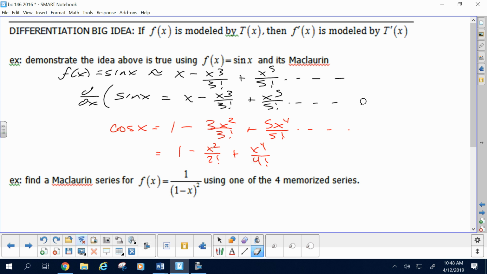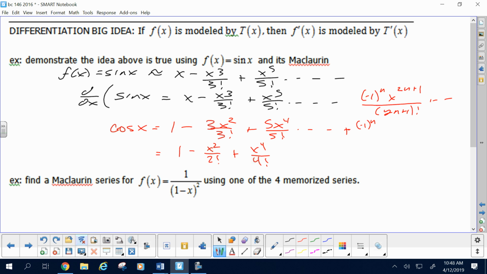The general term for sine is negative 1 to the n, x to the 2n plus 1 over 2n plus 1 factorial. The derivative on that then, negative 1 to the n is a coefficient, so it stays. But when you take the derivative on x to the 2n plus 1, what happens?